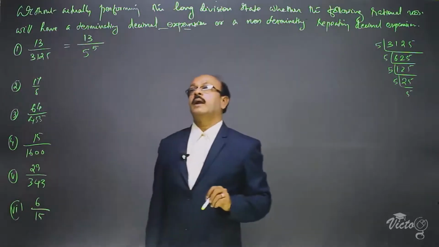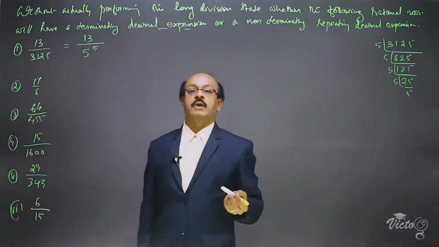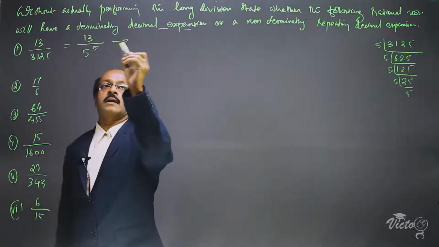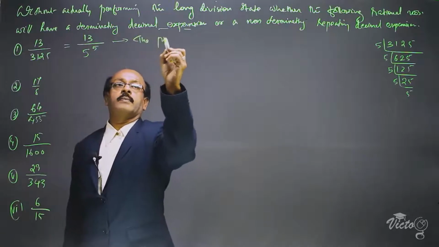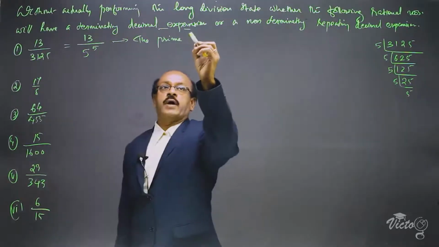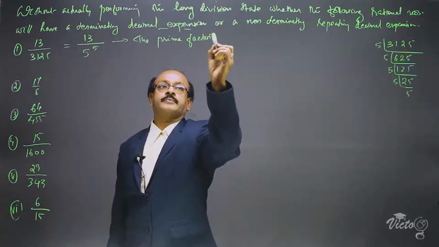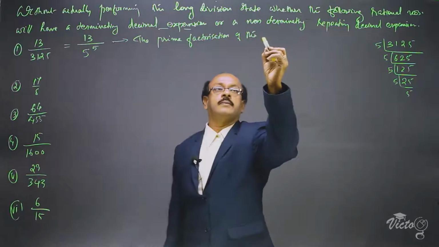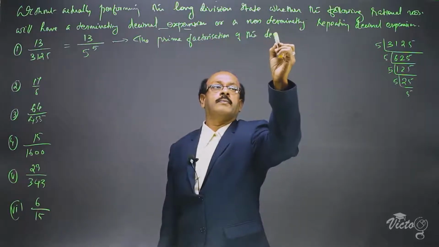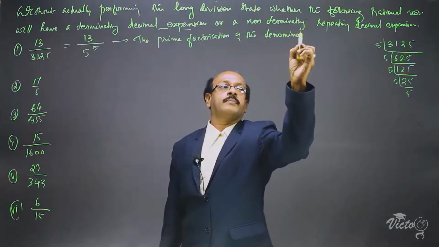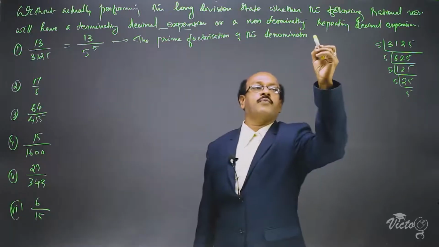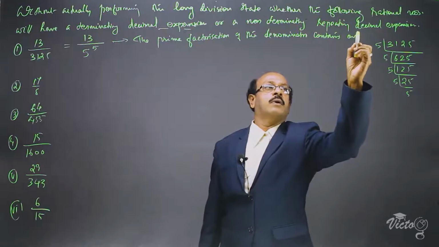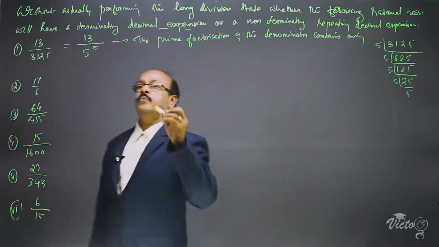Therefore, the decimal expansion will be terminating. The prime factorization of the denominator contains only the prime 5.